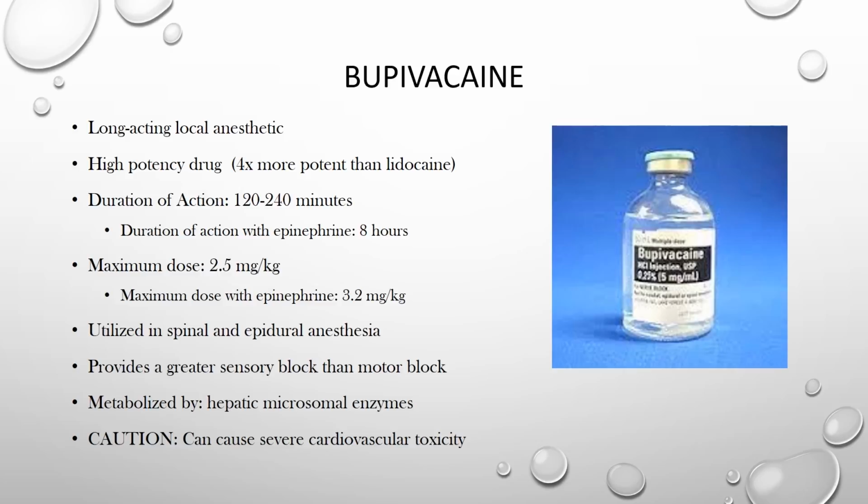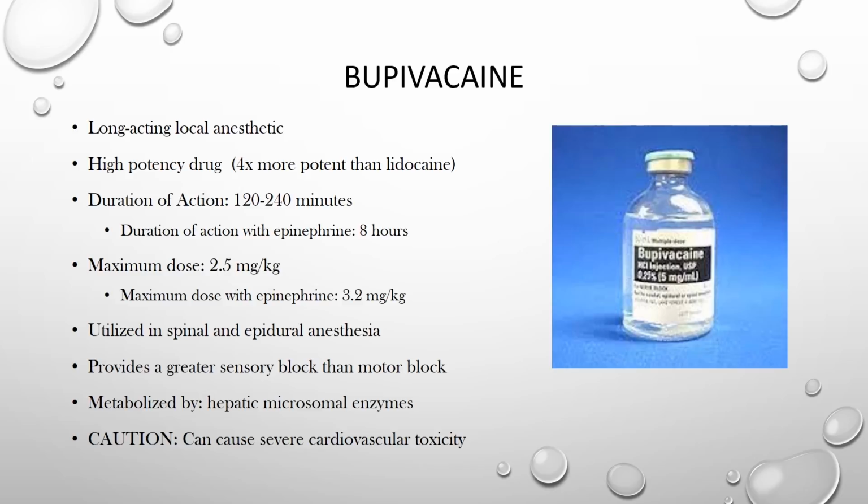The maximum dose of bupivacaine is 2.5 mg per kg or 3.2 mg per kg with the addition of epinephrine. The maximum single dose is 175 mg, and it is recommended to not exceed 400 mg over the course of 24 hours. Like formerly mentioned amides, this local anesthetic is also metabolized by hepatic microsomal enzymes.